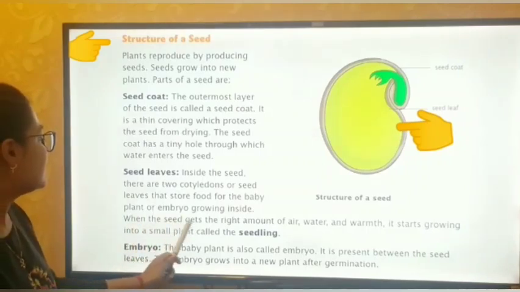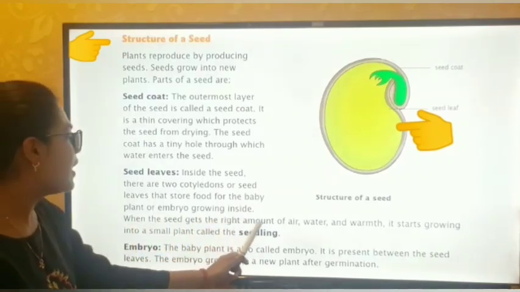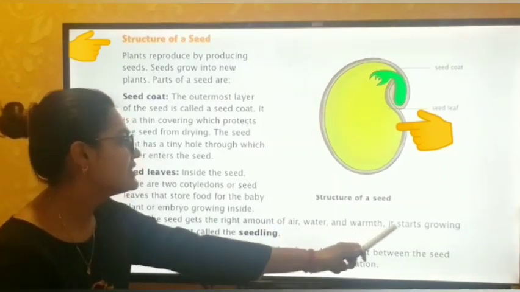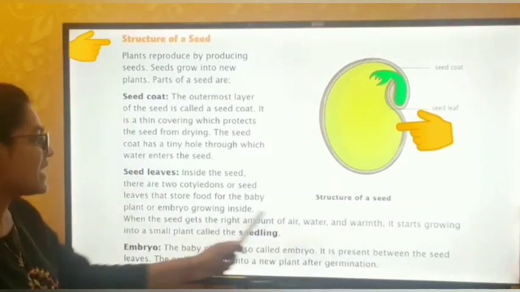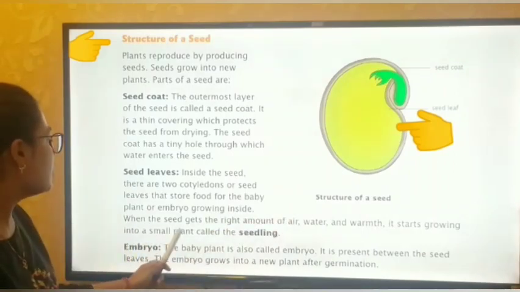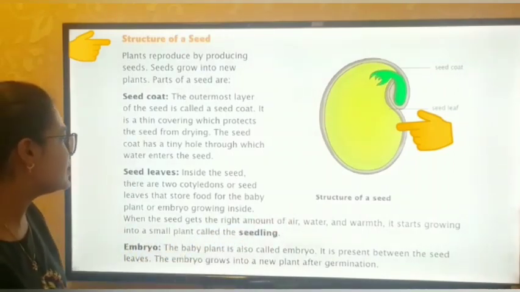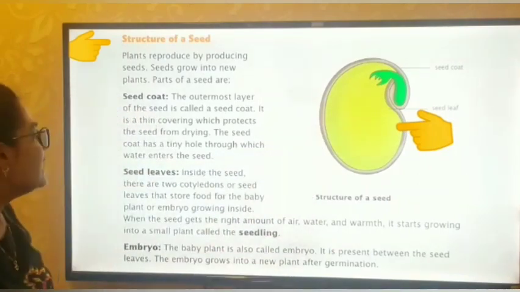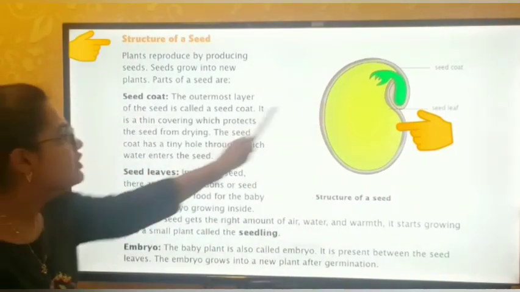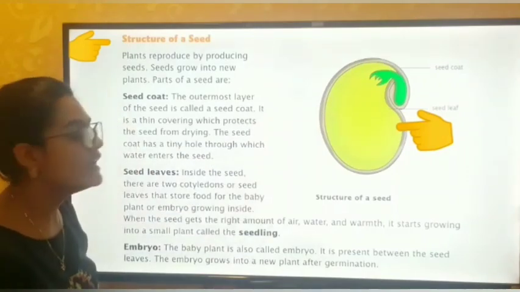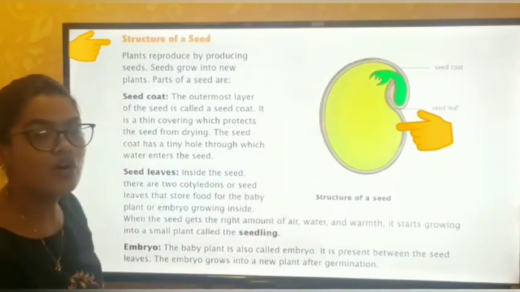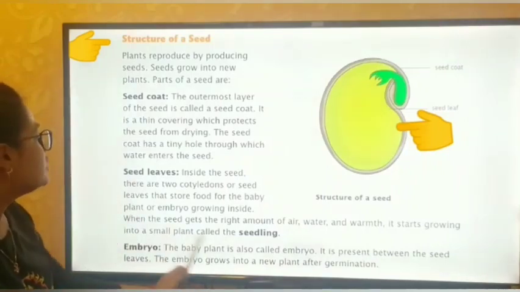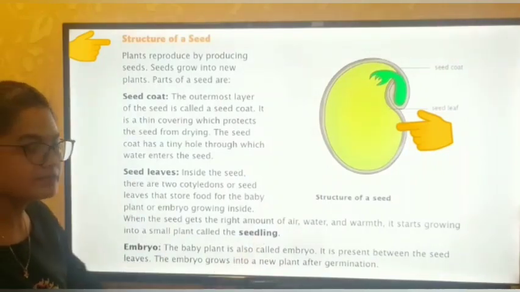When the seed gets the right amount of air, water and warmth, it starts growing into a small plant called the seedling. So inside there is a leaf-like structure which stores food for the new small baby plant, which is known as the seedling.